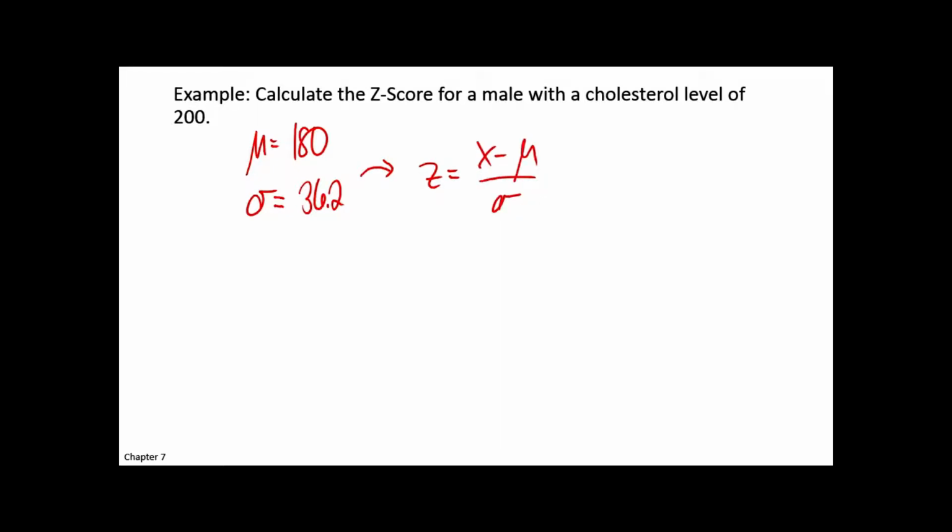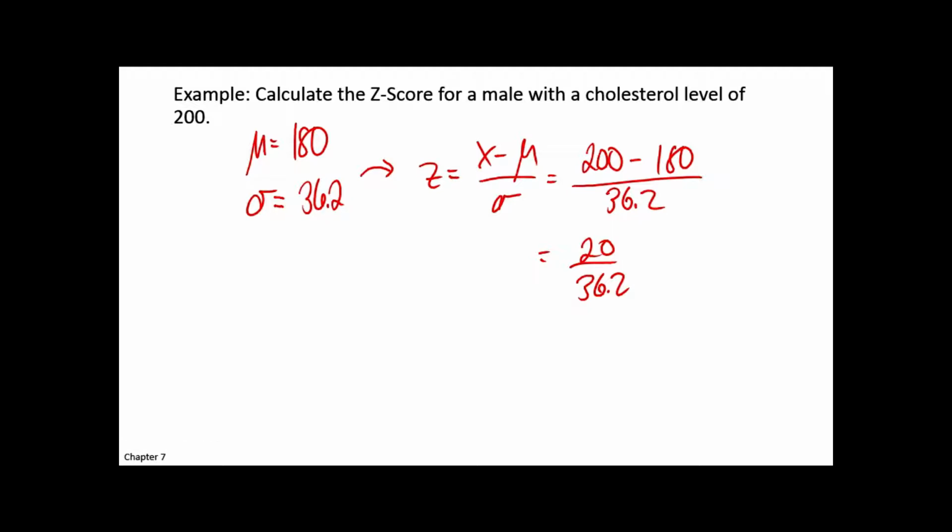So what's our observation for this person? What goes where? Yeah, so if you randomly select a male, his cholesterol is 200, you would take observation minus the mean over the standard deviation, right? So that would be 20 over 36.2, which would come out to something.